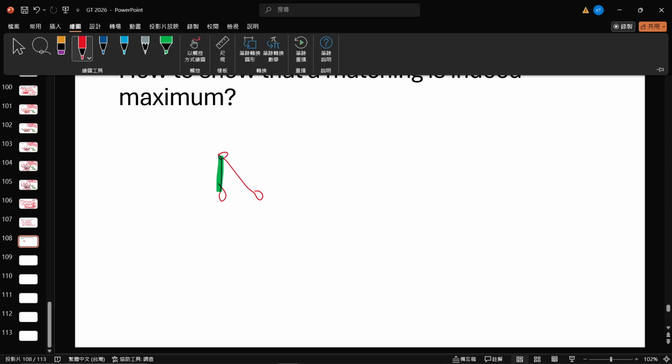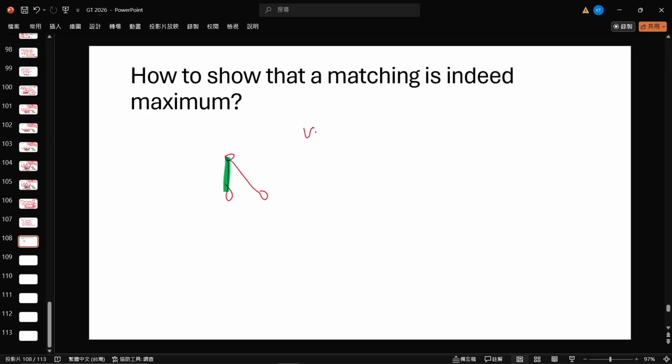Okay, so to this end, we're going to introduce a very different problem. I think it's hard to see the relationship between the problem that I'm going to introduce next and the matching problem, okay?